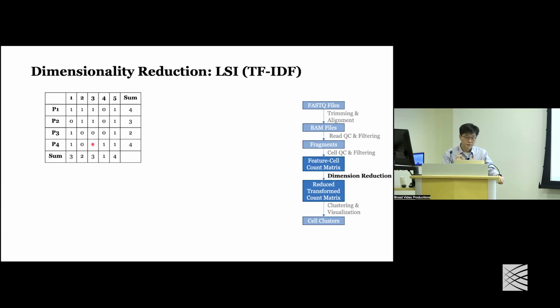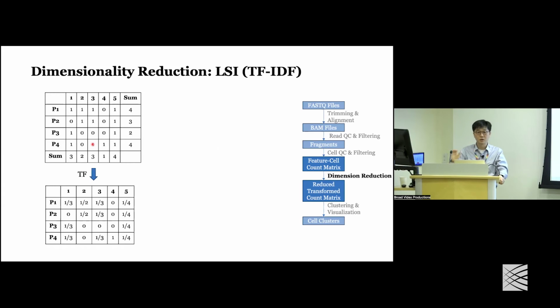So first is TF. It is essentially per-cell normalization, meaning the peaks in each cell. So in this particular cell, there are 3 peaks, okay? It's normalized by the total number of peaks.